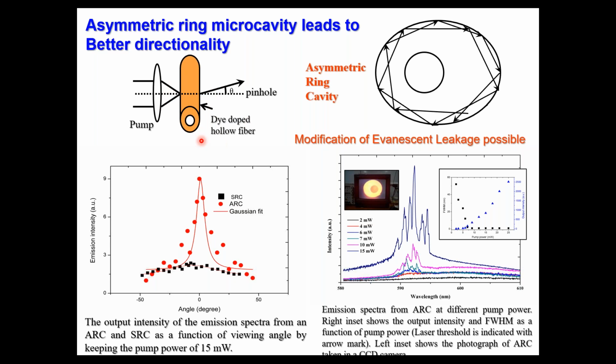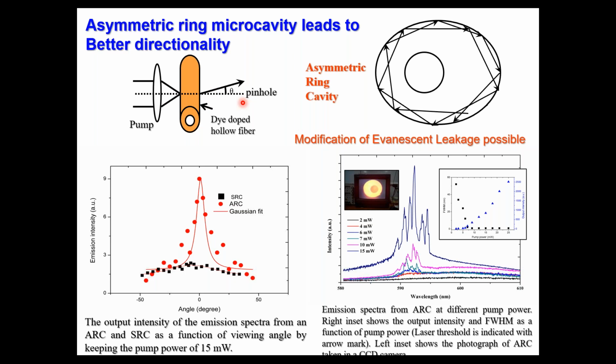It is not at all directional, because in WGM it is oscillating in this way, and more fields are available from the sides of the fiber compared to the end. So usually people are collecting the WGM output from the sides, from all the 360 degrees of the fiber.